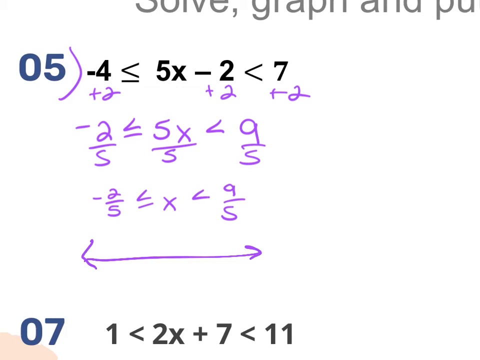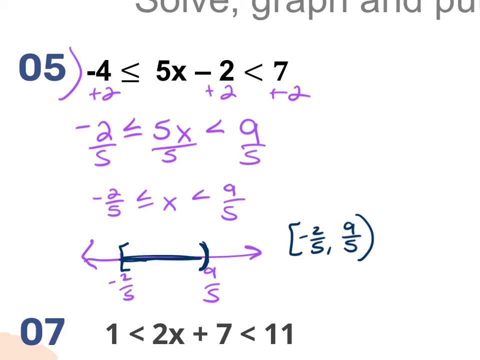These look complicated, but honestly are probably the easiest of them because I put them in the order that they give me. The -2/5 gets a bracket, the 9/5 gets a parentheses, and I shade in between. So x has to be in between those two numbers. And then my interval notation is -2/5, 9/5. -2/5 gets a bracket, 9/5 gets a parentheses.